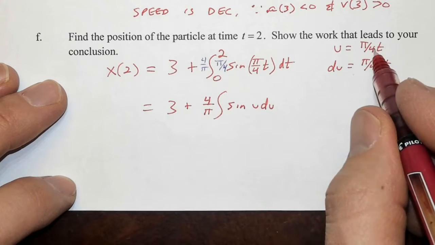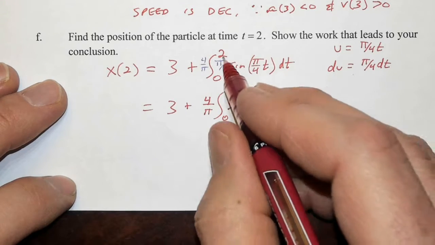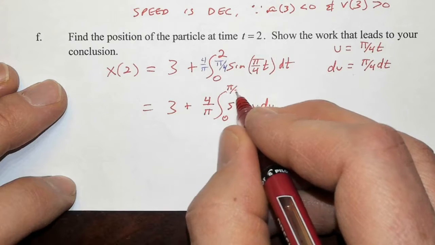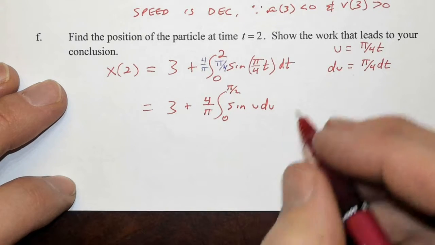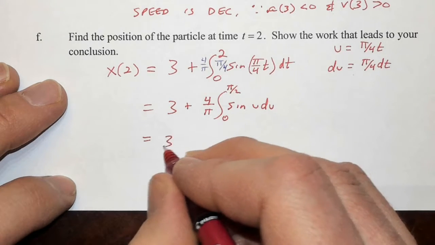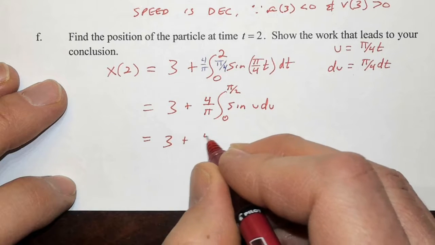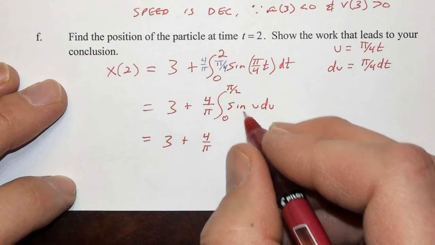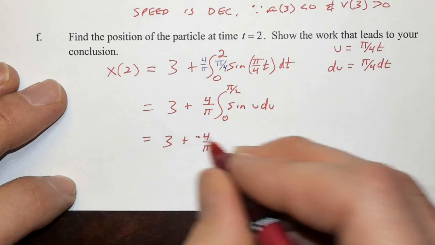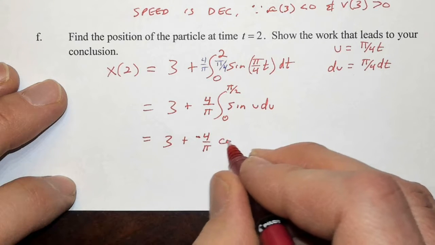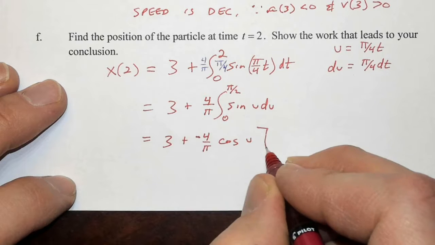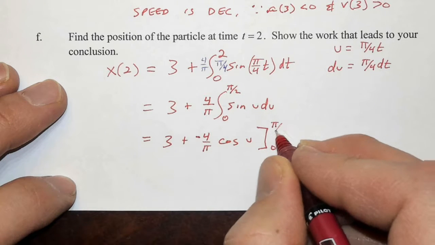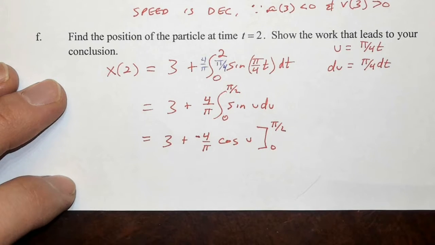We plug 0 in, we still get 0. We plug 2 in, we get pi over 2. Now it's time to take the antiderivative. So 3 plus 4 over pi, antiderivative of sine is negative cosine, so let's make this negative 4 over pi cosine of u, and that's being evaluated from 0 to pi over 2. Right, so what do we have?